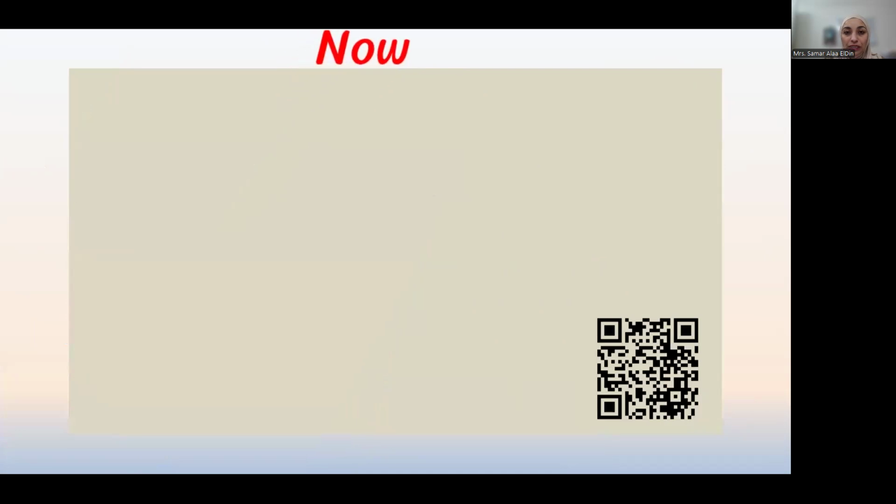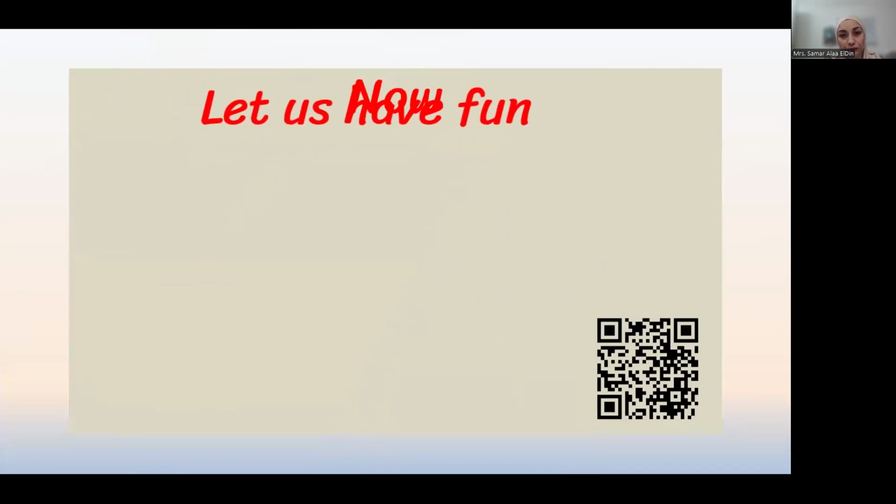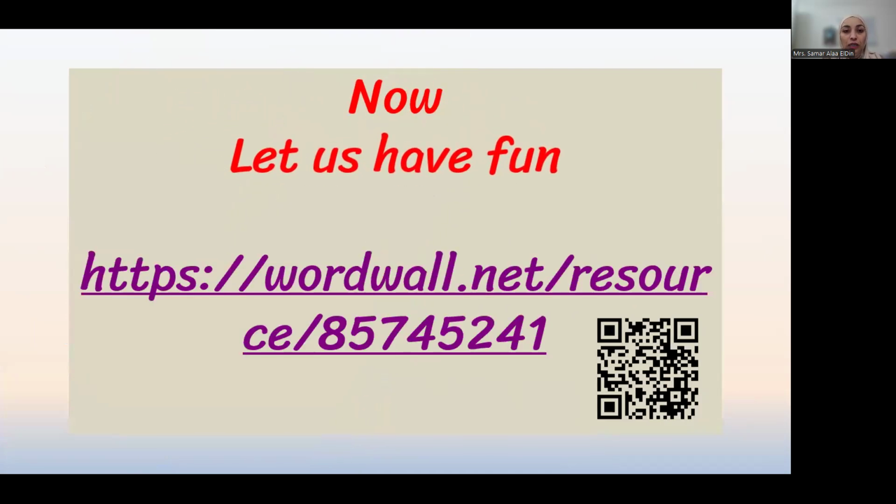Now, let's have fun. Okay, now we will try to move to the fun part. You can also use this QR code to be with me to hear the song and to hear the voices and the sounds and so on.